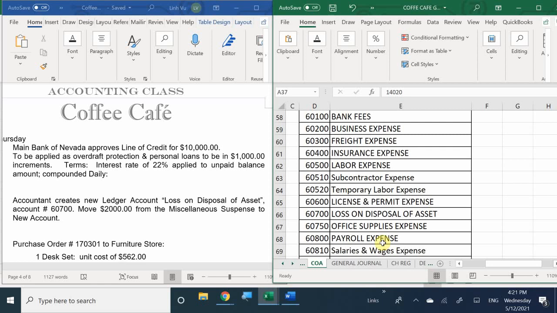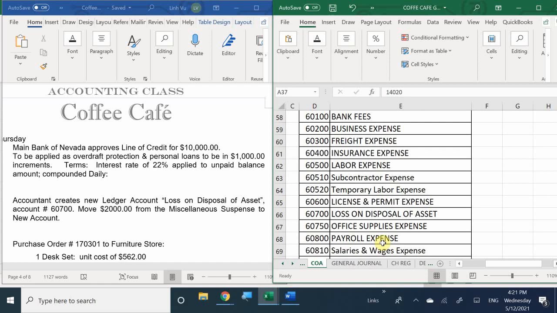We have a 6,700 loss on disposal of asset already. Yes, like I said, I'm not going to have you create any accounts. I already created the account for you. So in this case, me, the accountant, has already created this account for you. It's account number 6700, and the account is loss on disposal of asset, which is the exact account right there. So there you go.